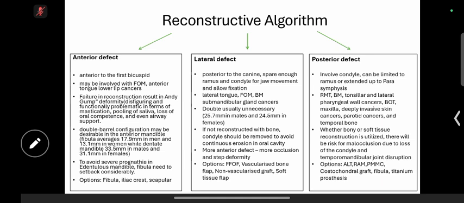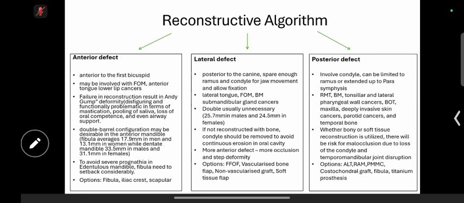To avoid severe prognathia in the edentulous mandible, the fibula needs to be set back considerably. So the options for anterior defects could be a fibula, iliac crest, or a scapular flap.